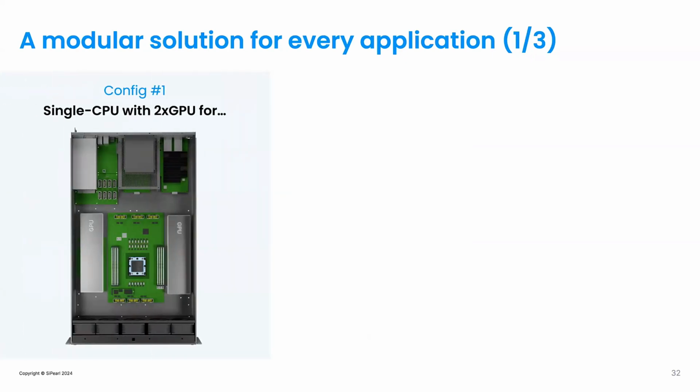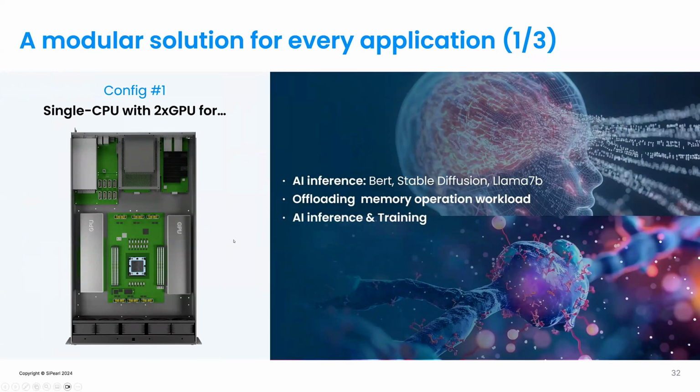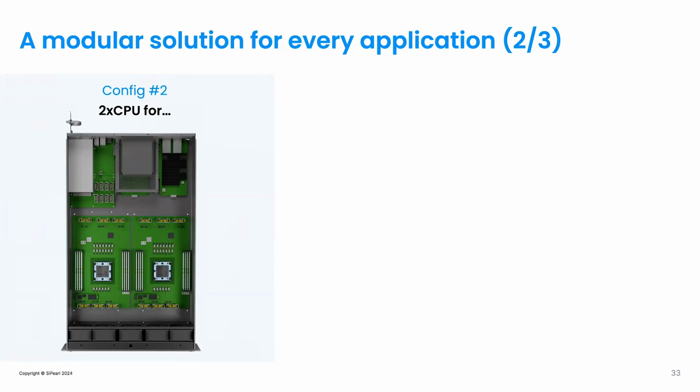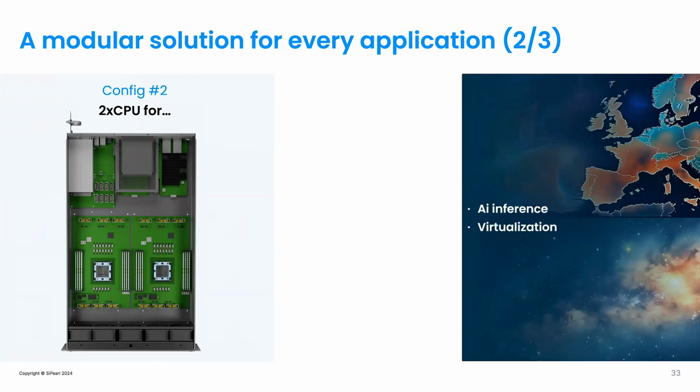The first configuration would be a single CPU in the middle, right here, with 2 GPUs on the side. This kind of configuration could be used for AI inference, offloading memory operation workload, and training also. We have a second configuration where we have 2 CPUs, and we no longer have the GPUs on the side.